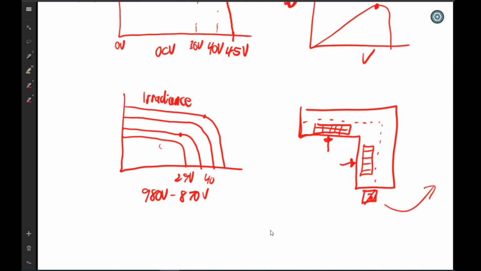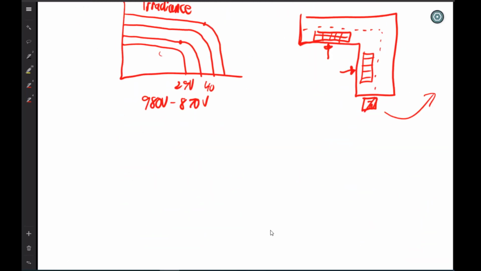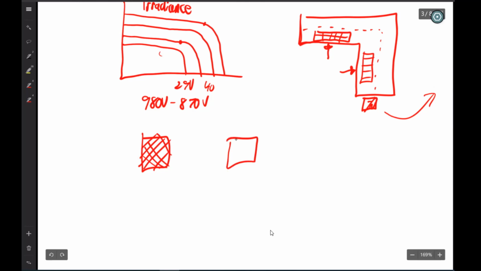And that's what I wanted to talk about, trackers. And before I move on to the next topic, I wanted to mention that there's a few different things that might be happening. So you have the module, and then you have an inverter. Especially on a string inverter, there might be something between here.